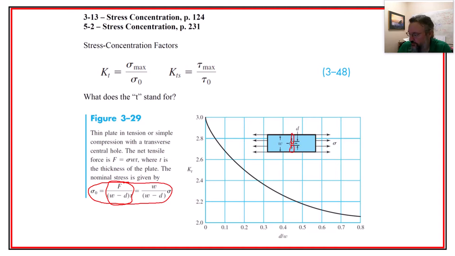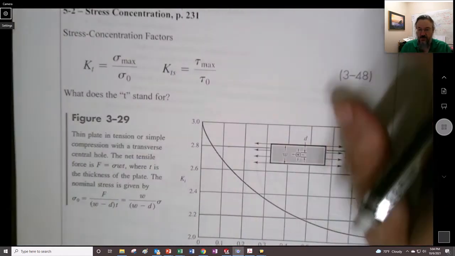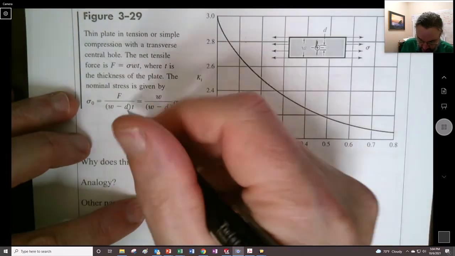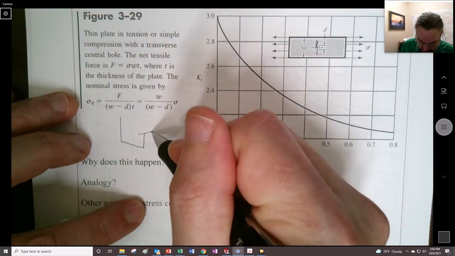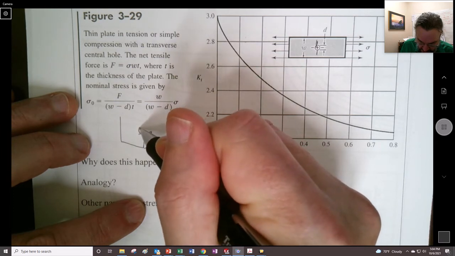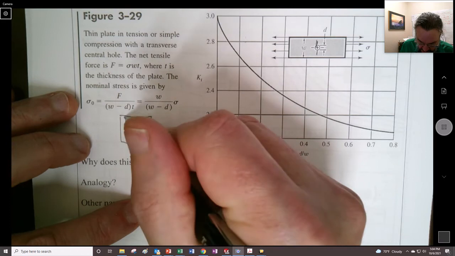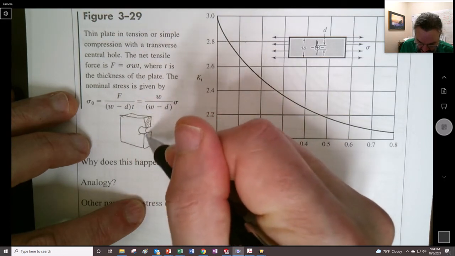Let me go switch over to this right here. Don't get dizzy. So if we were to look at a cross section, here's our cross section, like that right there.